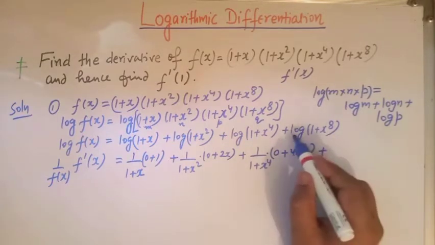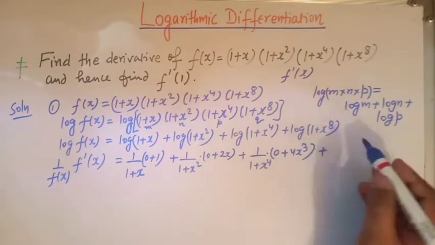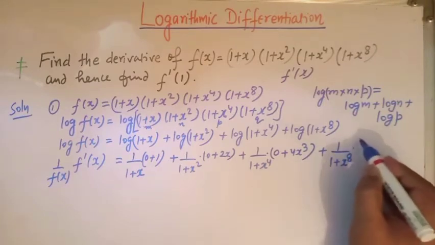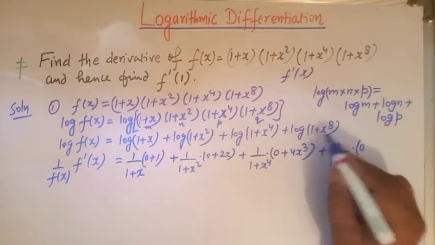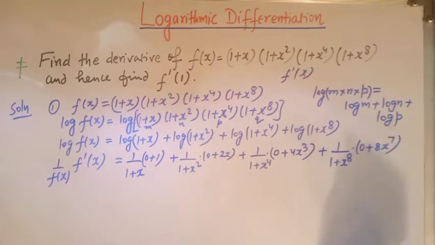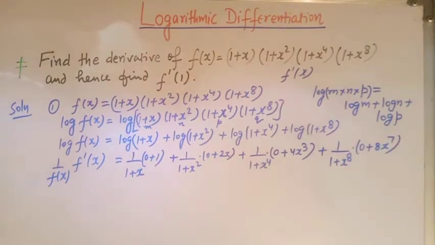Plus the derivative of log 1 plus x raised to 8 is 1 over 1 plus x raised to 8 times 0 plus the derivative of x raised to 8, which is 8x raised to 7, right?